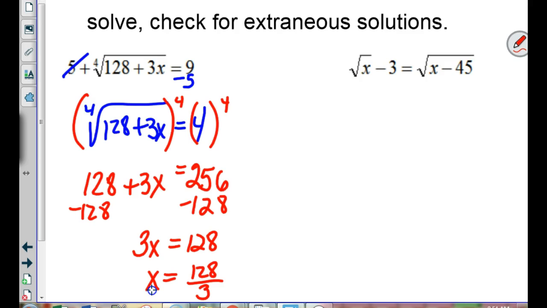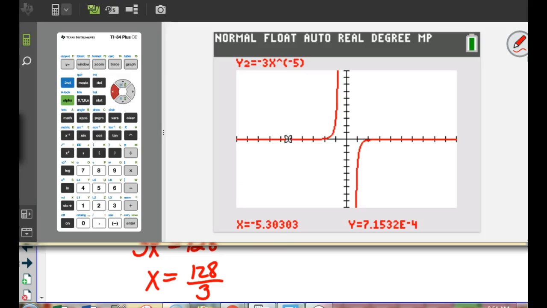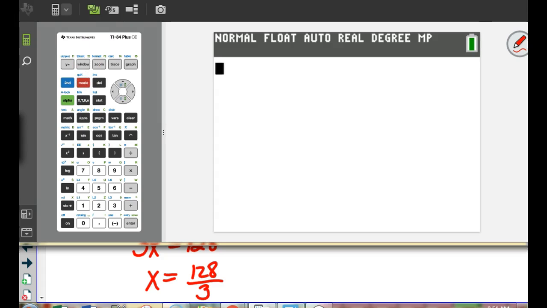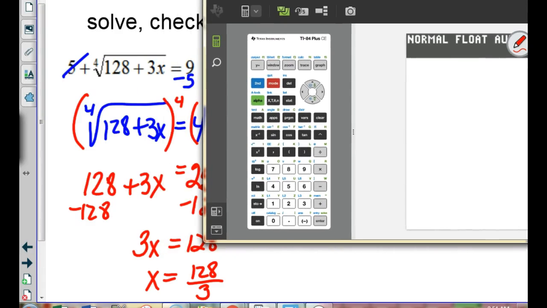All right, so to check this one is going to be a little bit miserable. If I go back to the home screen and I want to type in 5 plus, how do I put the 4th root in? You can do it with the math key, but do you remember what fractional exponent it is? So much easier. 1/4.